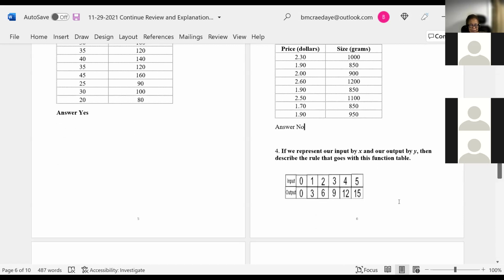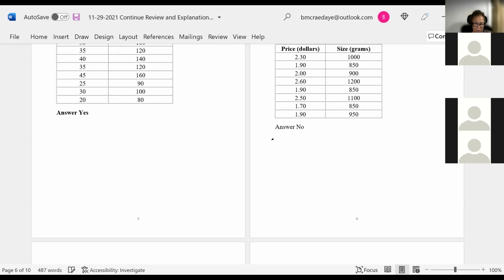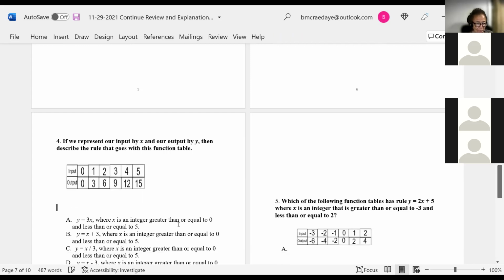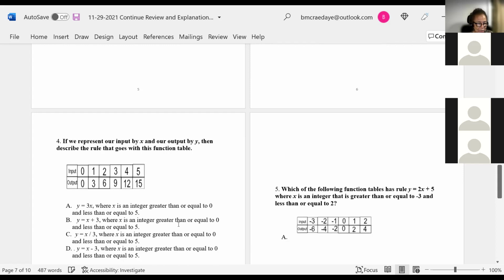Now, we have a table here. Let me put this further down and I'll bring it up so you can see it. Okay. Now, all right, you have this table and you have some choices here. Look at the table. Tell me whether it's A, B, C, or D. It shows the relationship in this table.